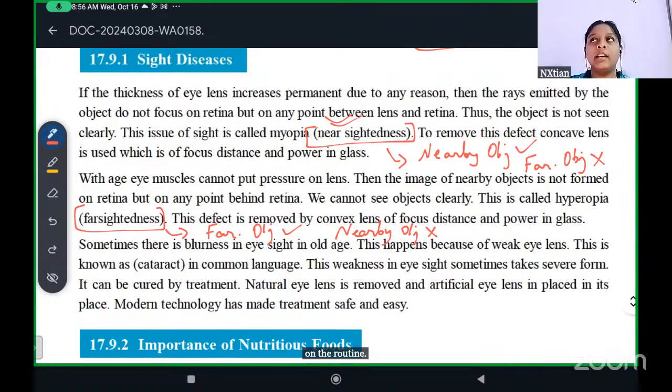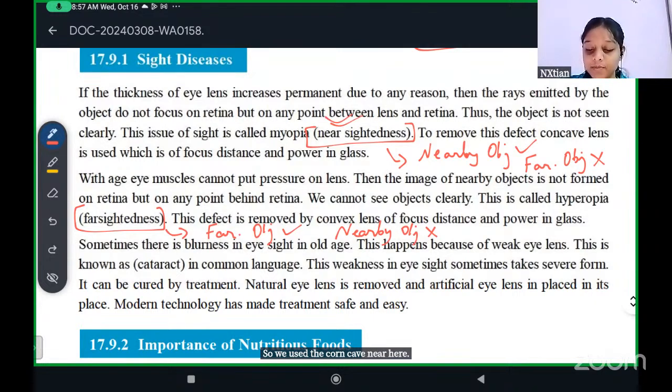When I was teaching you concave and convex lenses, I explained that concave lenses spread out your focus so that you can see objects at a distance. Convex lenses converge the images; that is, they fix your focus on one point. In nearsightedness, you are able to see that one point as nearby objects, but not far objects. So we use the concave lens here.